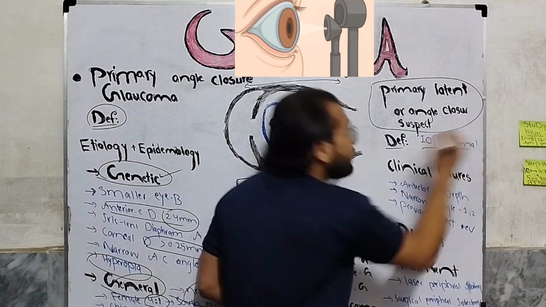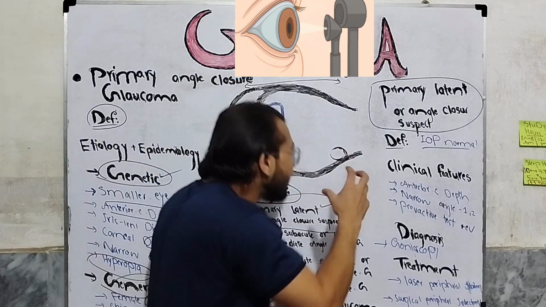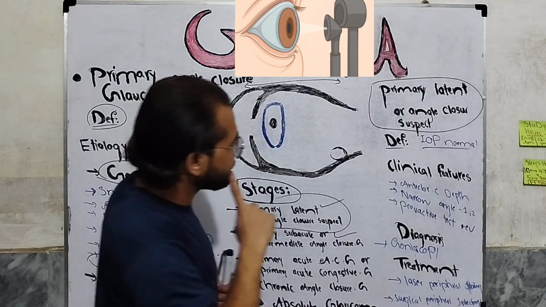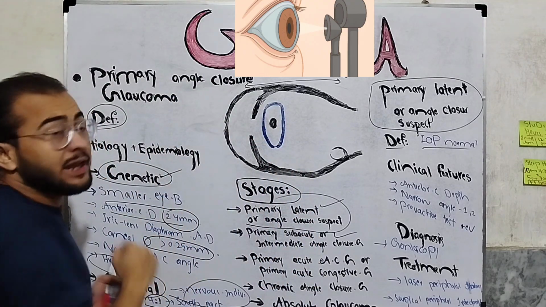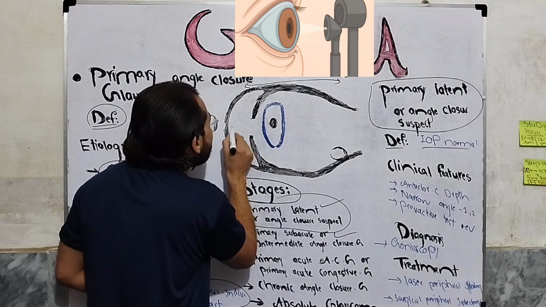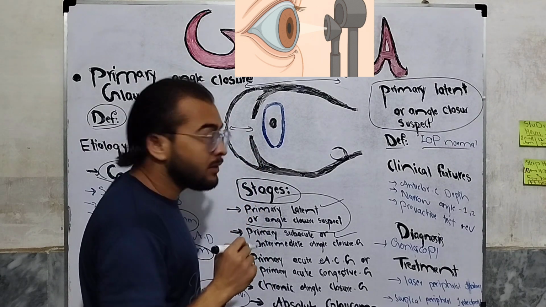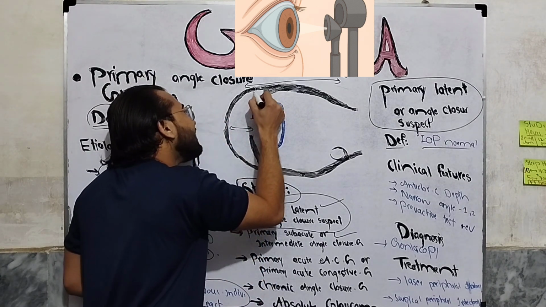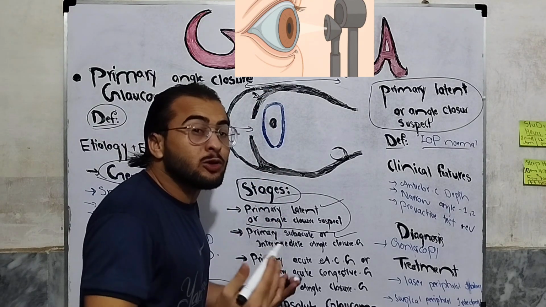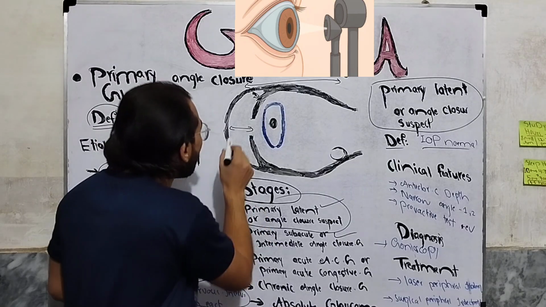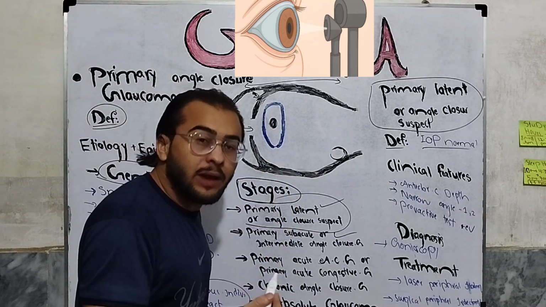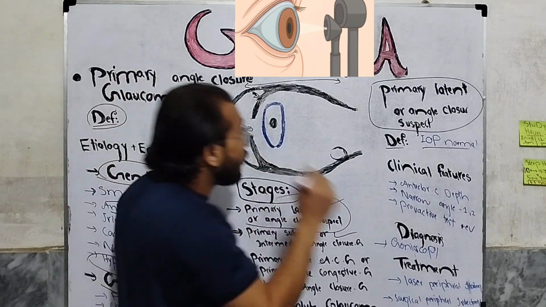But when we take a look inside the eye, these anatomical anomalies will be present. For example, the anterior chamber depth will be smaller than normal, and the anterior chamber angle, if it is not closed, will be narrow.